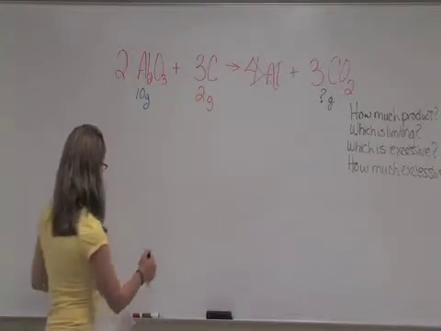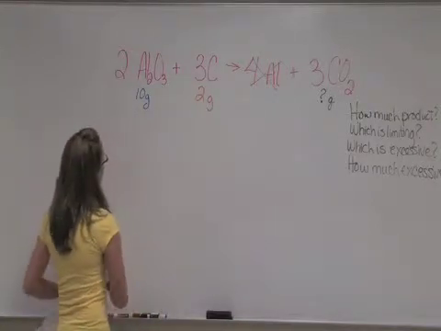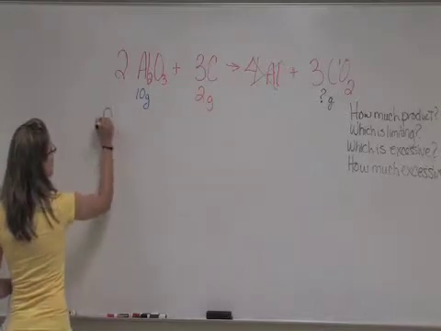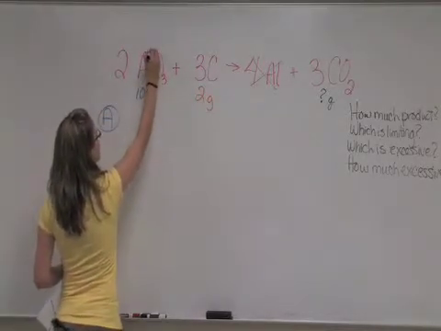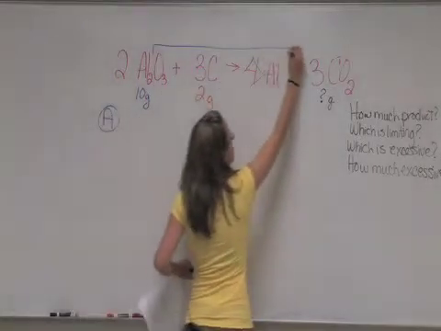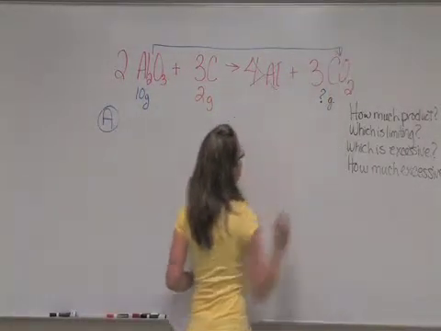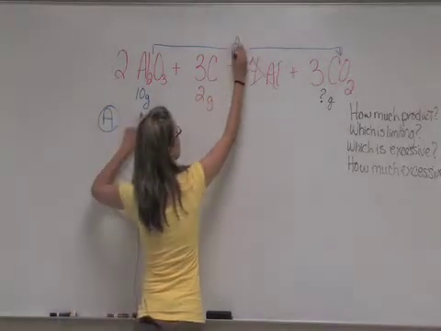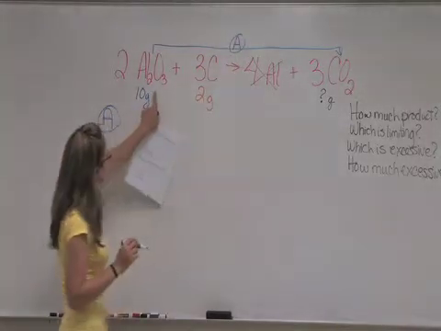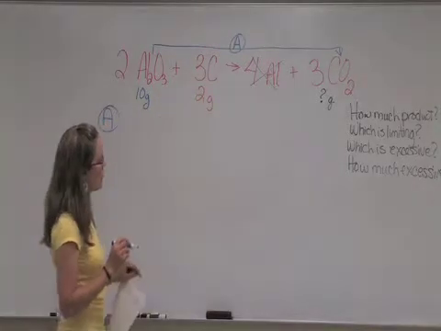Now, I do this in 4 parts. We have part A, which is going to be going from aluminum oxide to the product that we're asking about. And part A is going to tell me if I use all 10 grams of the aluminum oxide, how much CO2 can I make?